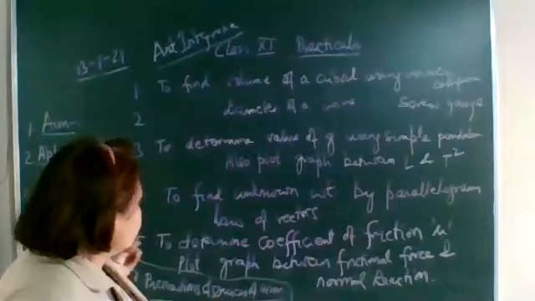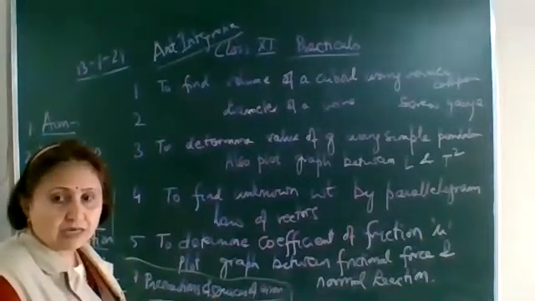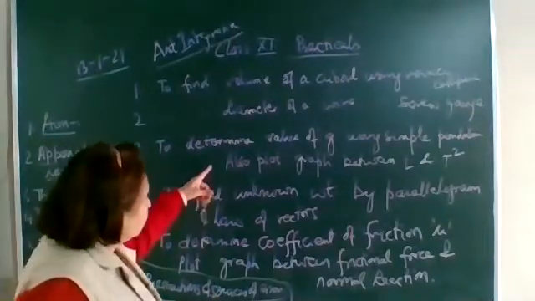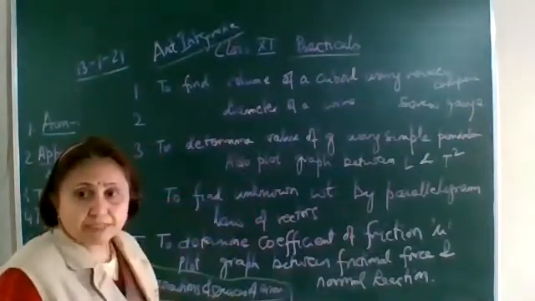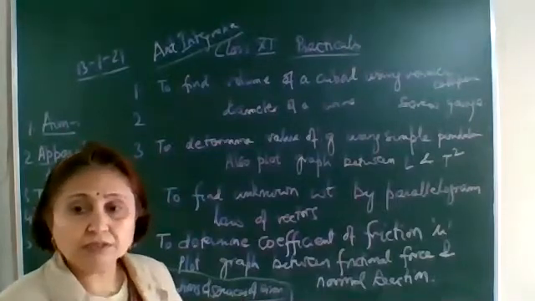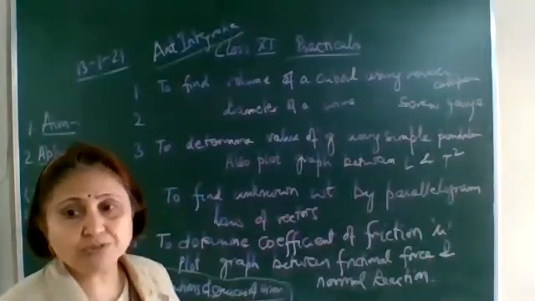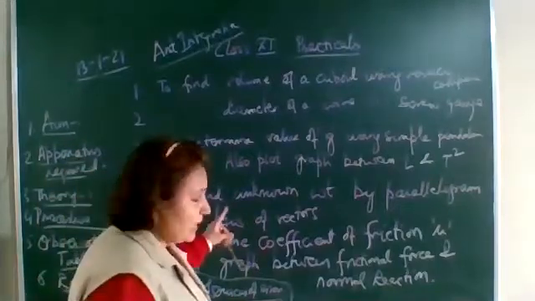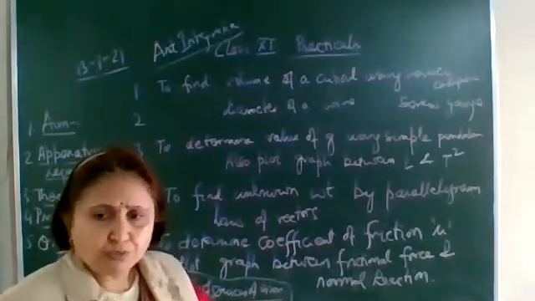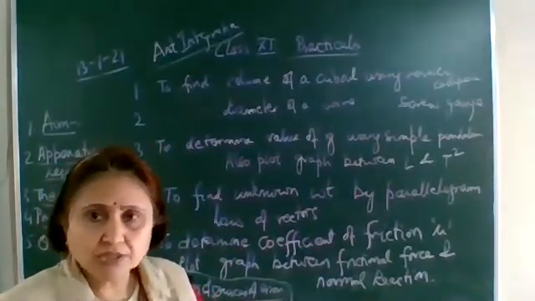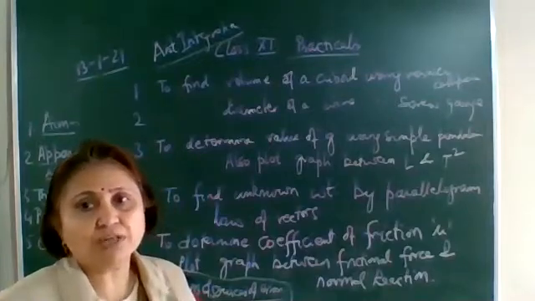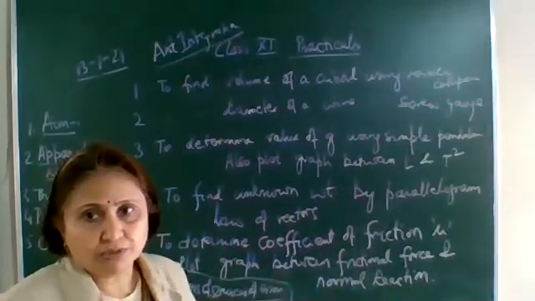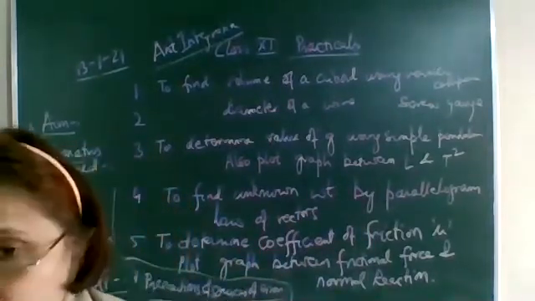Making the observation table is also an art. Like in the simple pendulum experiment, what thread you are using, what bob you are using, all this comes under art integration. So on the last page, in 4 or 5 points, you will write what all things you have used.